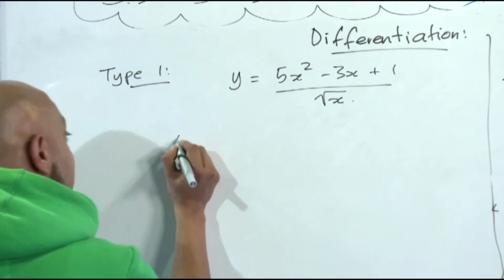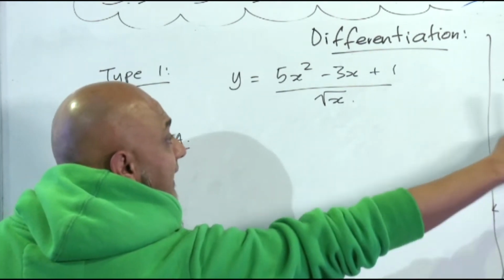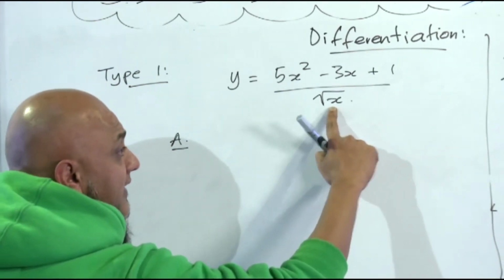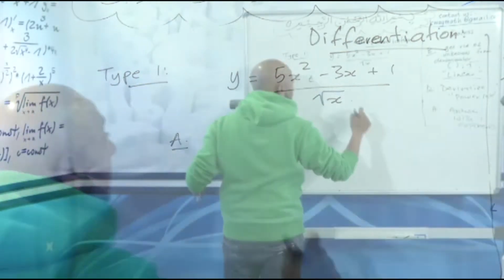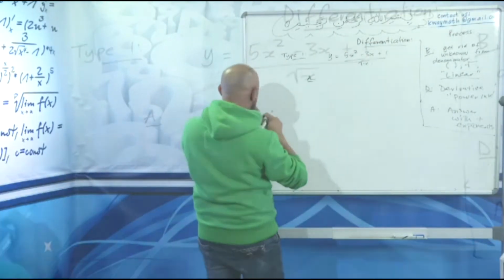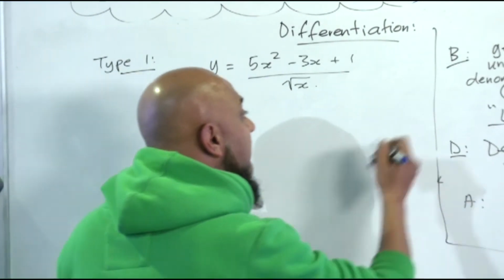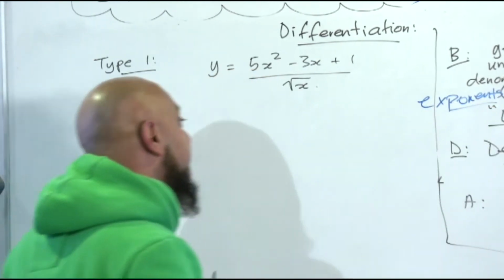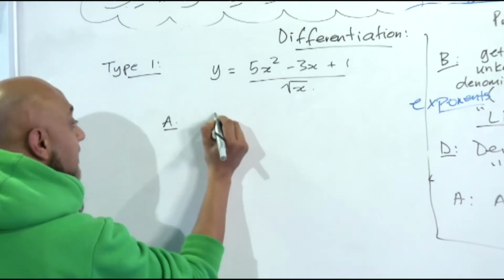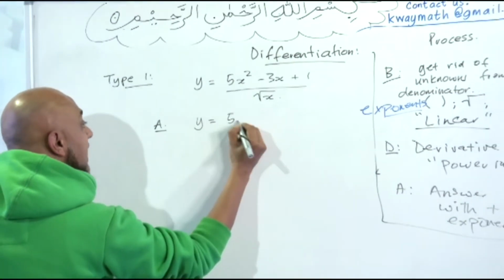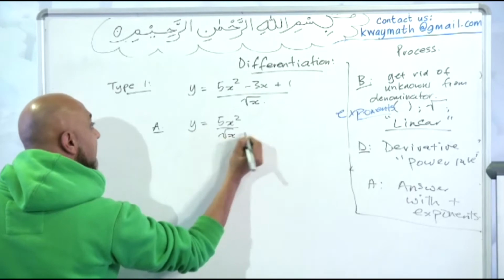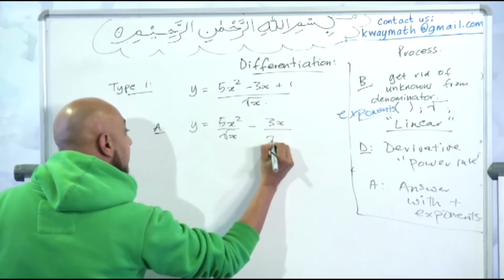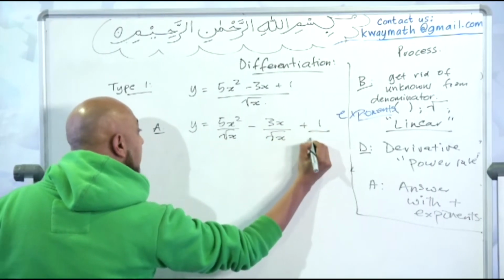So in our answer, we need to do the before part. Get rid of unknowns from the denominator, get rid of surd signs and make it linear. We're going to use our normal rules of exponents. So here goes. The before part, y is equal to 5x squared over root x minus 3x over root x plus 1 over root x.